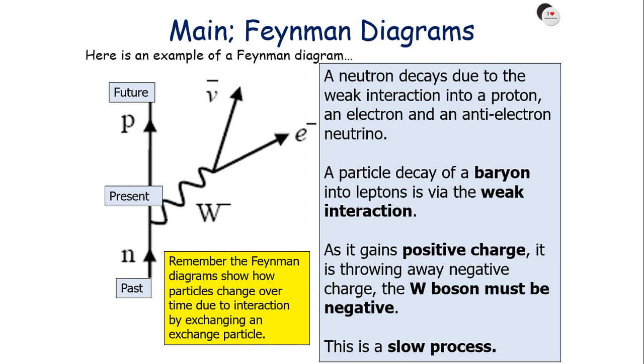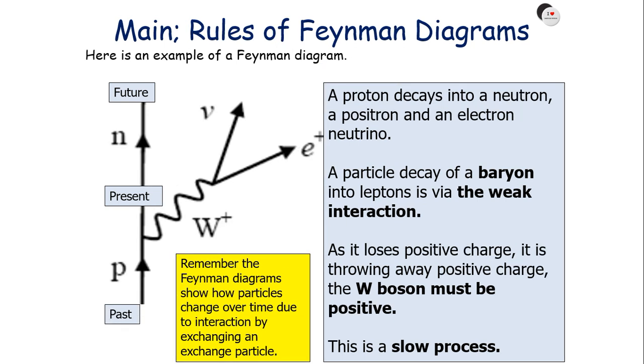Here, what's happening? A neutron is turned into a proton, and it's producing an electron and another particle, which we'll get onto in a bit. And therefore, we've got something changing type. We've got particles there which are not made from quarks, the electron, so therefore it must be by the weak, and because it's a neutral going positive, it's thrown away its negativity, so it's the W minus boson. It's a slow process.